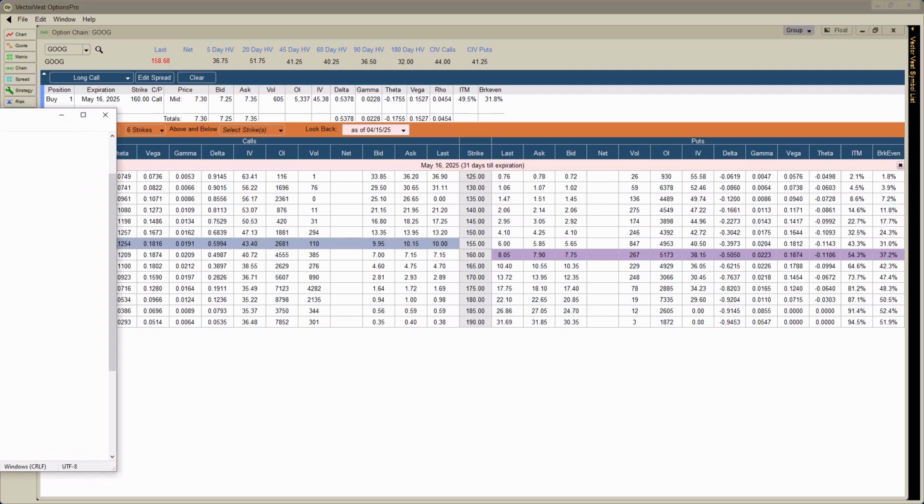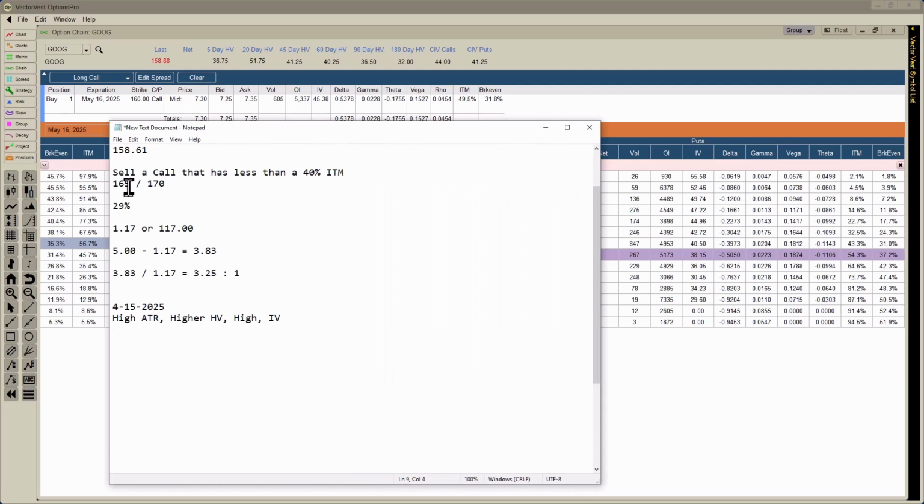Now remember, I did the 165 and had an ITM of 29. Now down here, I can do a 170 and I'm at 27%. So it's only a 2% difference, but because of the volatility, I'm getting a lot more room in the trade.